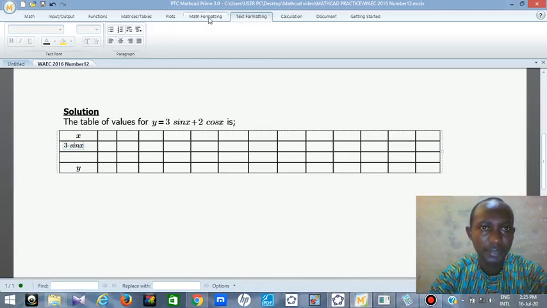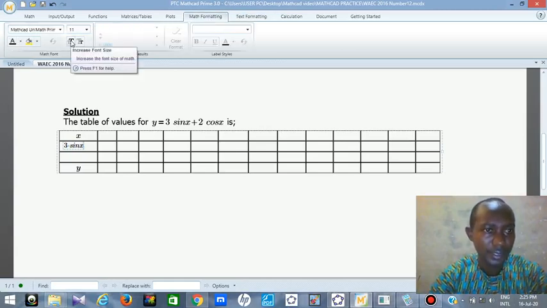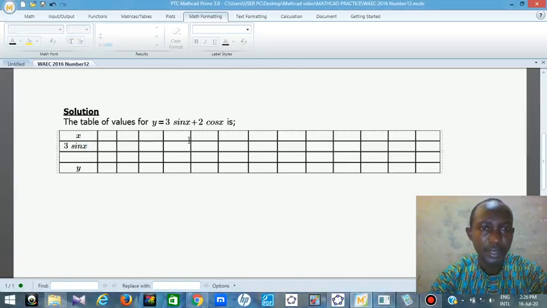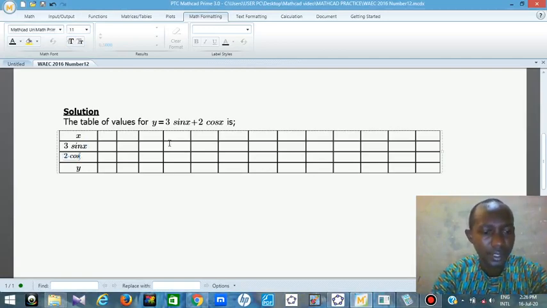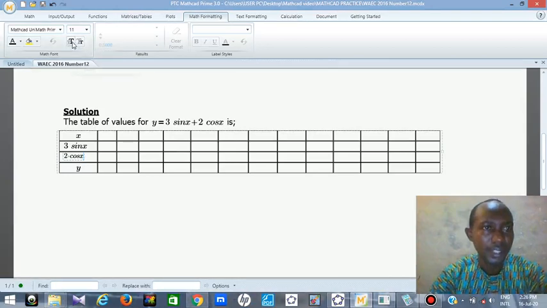Let me also increase the font. Then in this place we are going to have 2 cos x. So that is all.